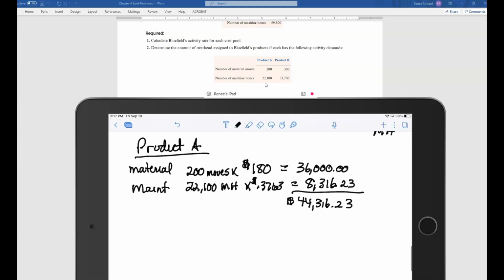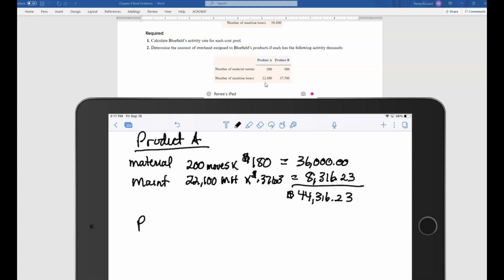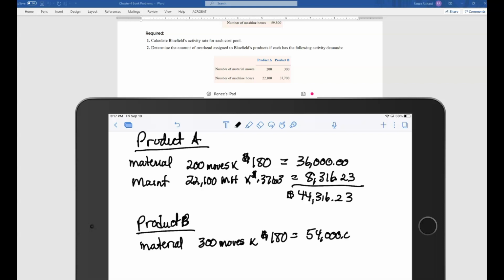All right, what about product B? Product B, material. Product B has 300 material moves. 300 moves times $180 is $54,000. Maintenance.